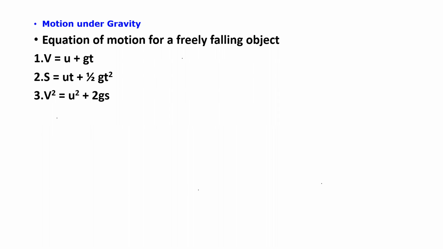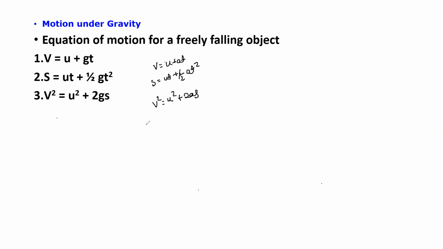Then next, here you can see the equations of motion for a freely falling object. What do you mean by this? See here, students, just now we have seen the three equations: V is equal to U plus AT, S is equal to UT plus half AT square, then V square is equal to U square plus 2AS.